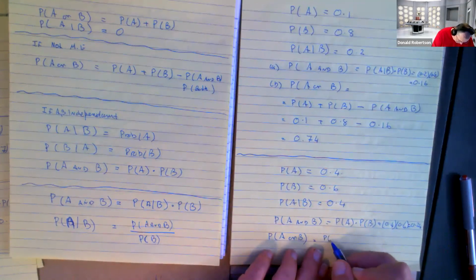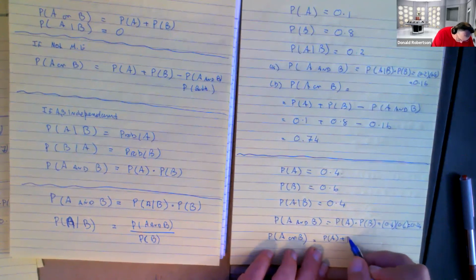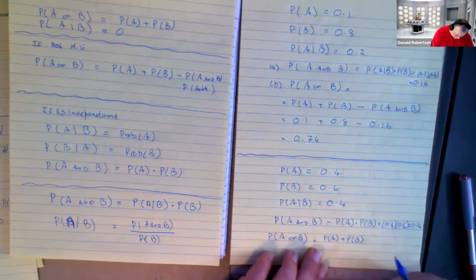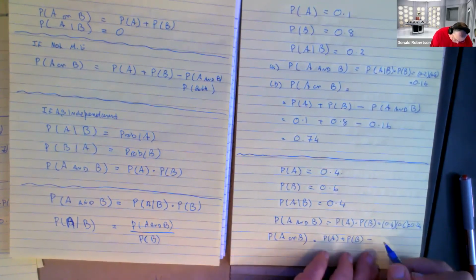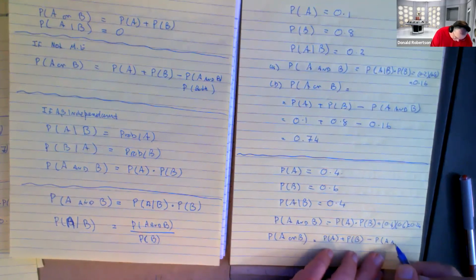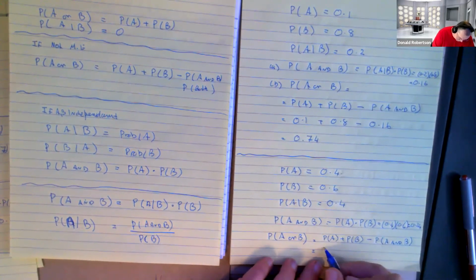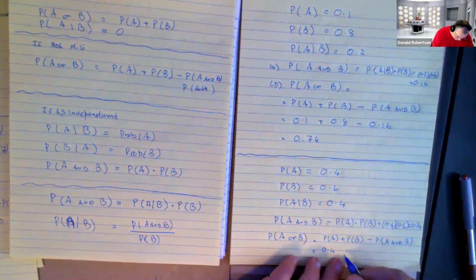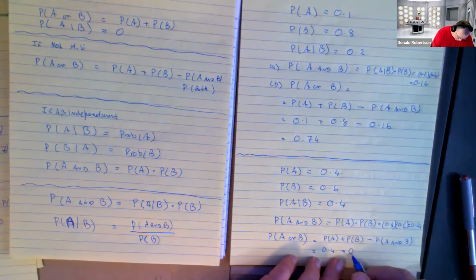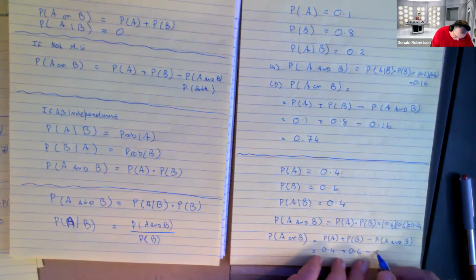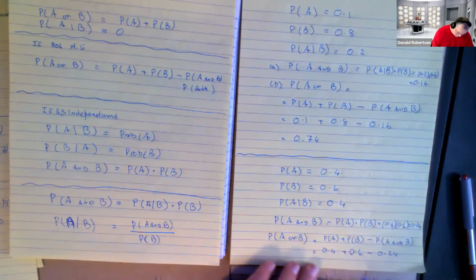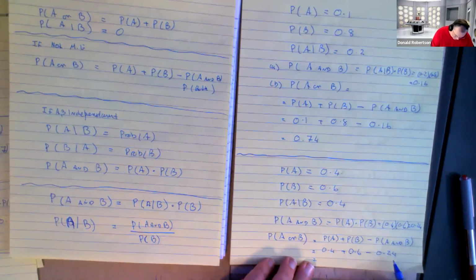So we have the probability of A plus the probability of B, take away the probability that it's A and B. So it's 0.4 plus 0.6, take away 0.24, which is what, 1, take away that guy, so that's 0.76.